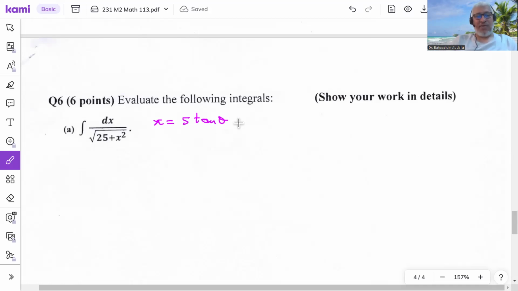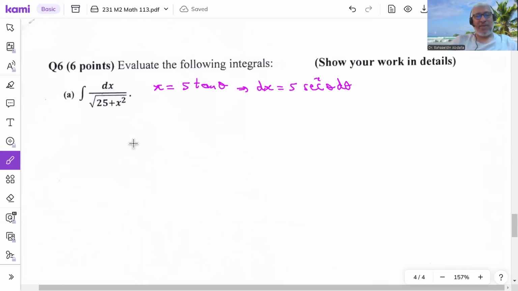So x is 5 times tan theta, so dx would be 5, and the derivative of tan is secant squared theta d theta. And I need to change this integral from x to theta. So this integral would be equal to, well, dx is 5 secant squared theta d theta.